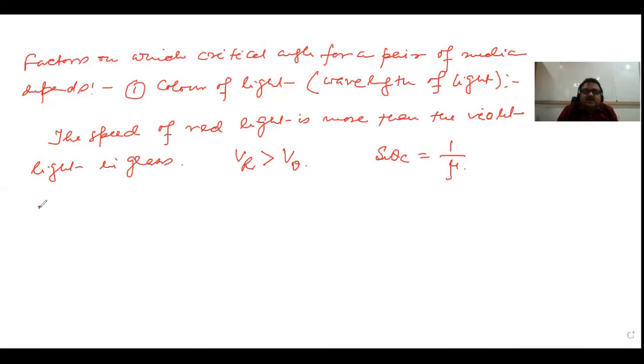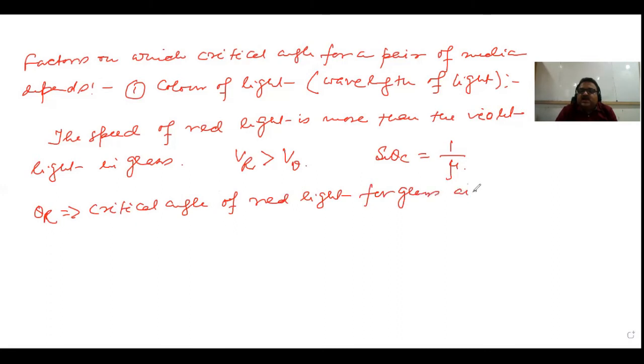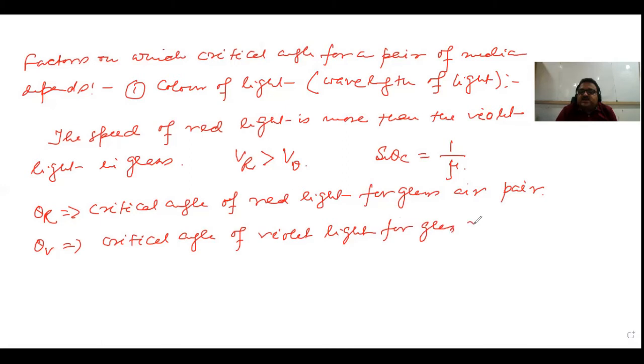Now, say for example, theta r is the critical angle of red light for glass-air, and theta v is the critical angle of violet light for glass-air.